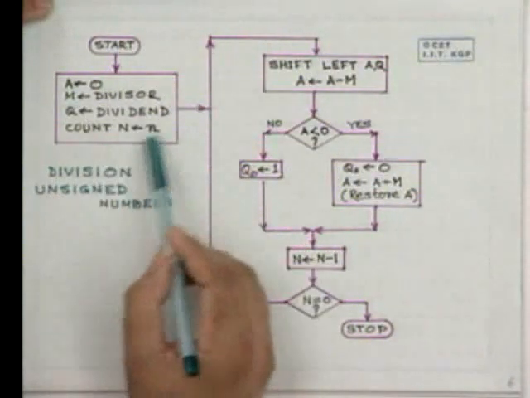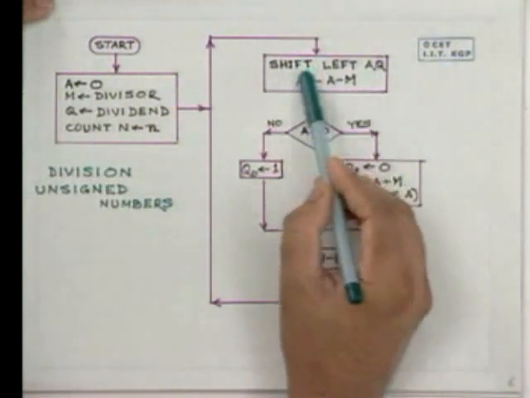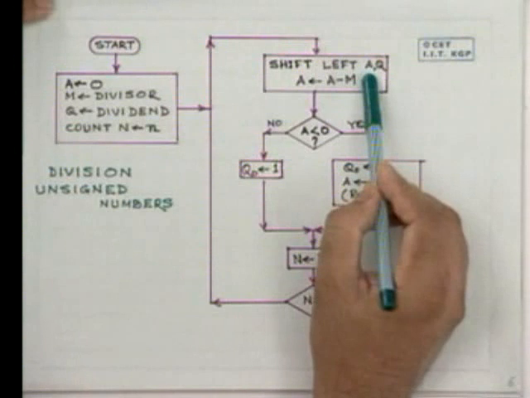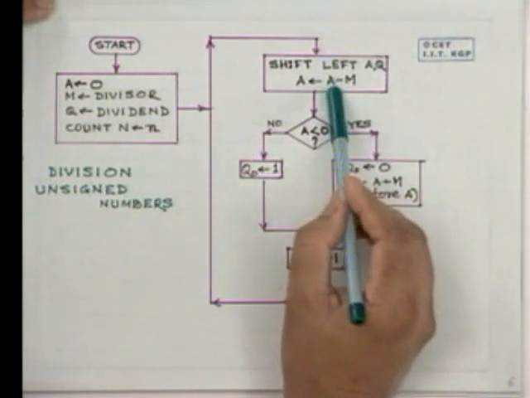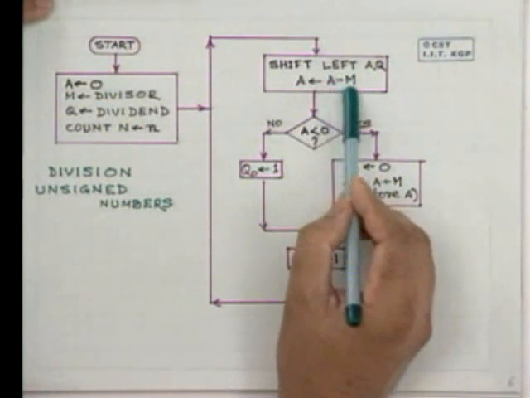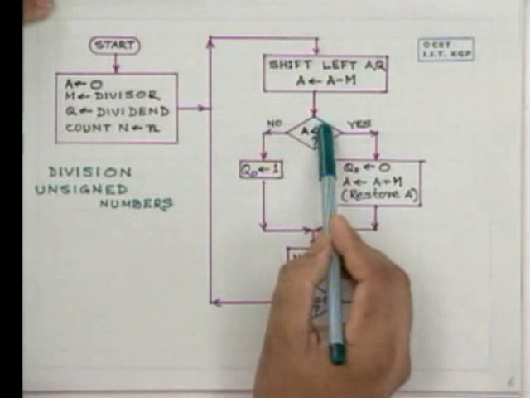After this initialization is over, we shift left the A register and the Q register together, and then do this operation, that means subtract M from A, and the result is put into the A register. Now we check the result.